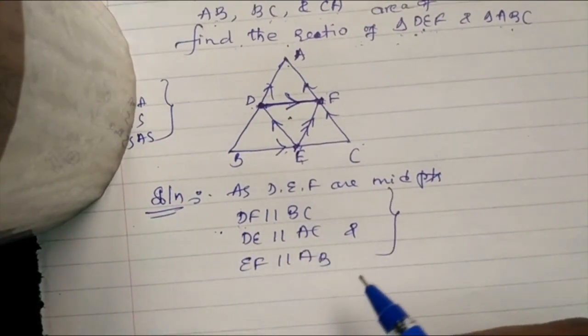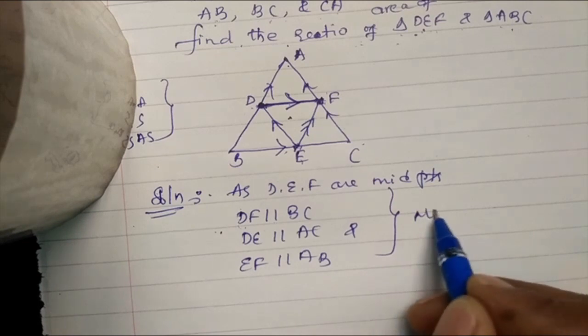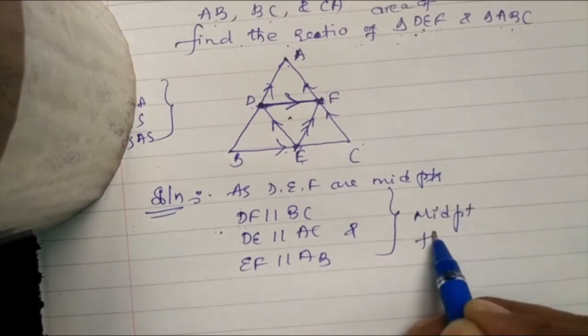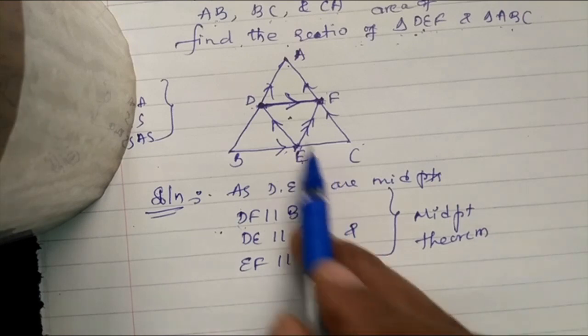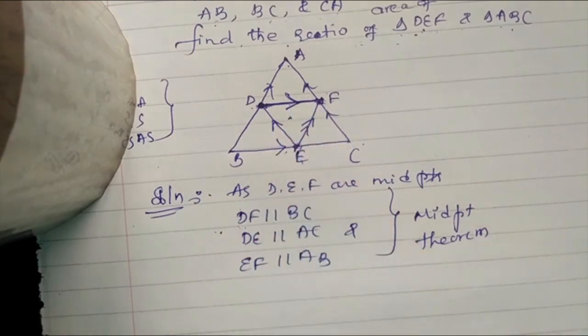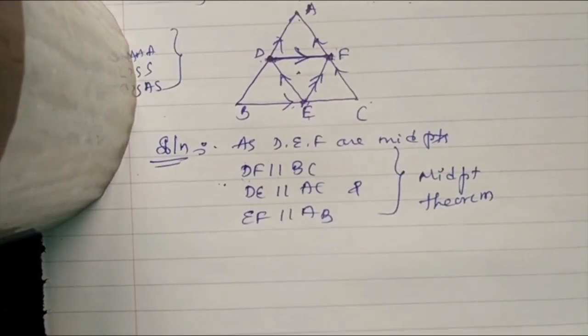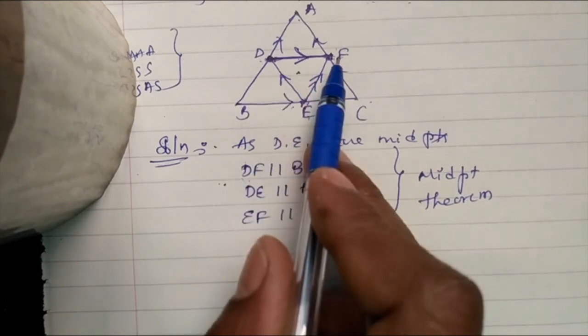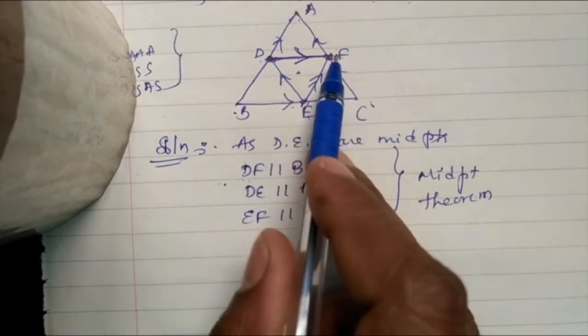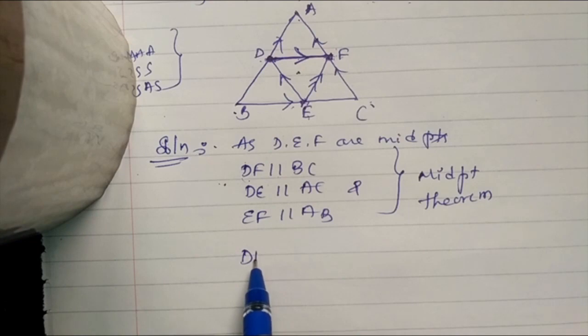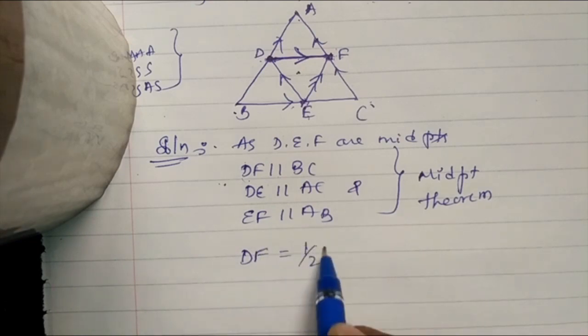On what basis did I write this? This is by the midpoint theorem. Using the midpoint theorem, we have obtained three parallel sides. And also for DF and BC, DF length is equal to half of BC.